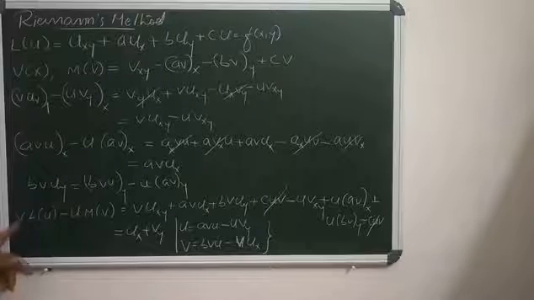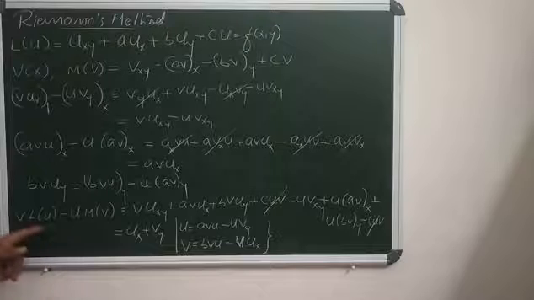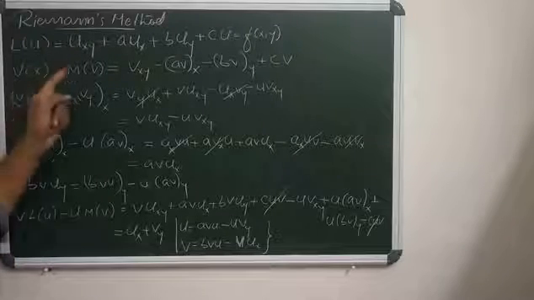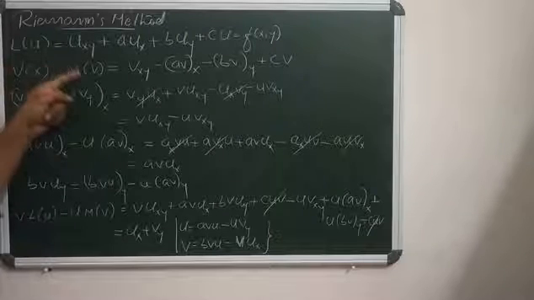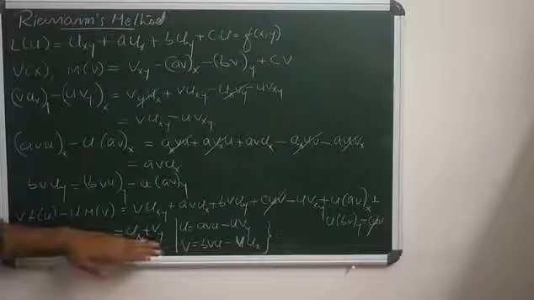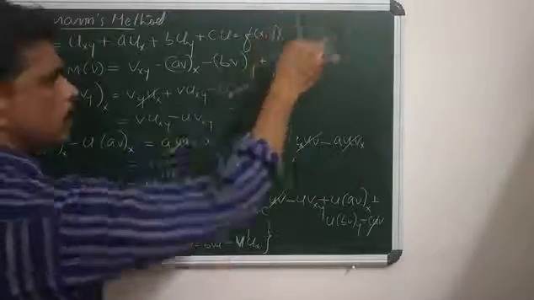Finally, v L(u) minus u M(v), where L(u) is the canonical form of the hyperbolic equation, and v is a continuous function having second order partial derivatives defined in this way, is nothing but U_x plus V_y.